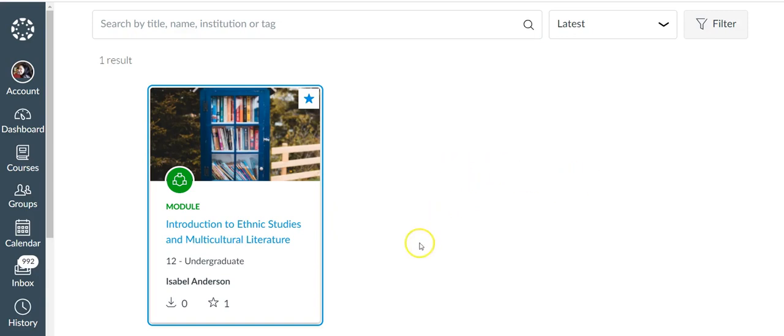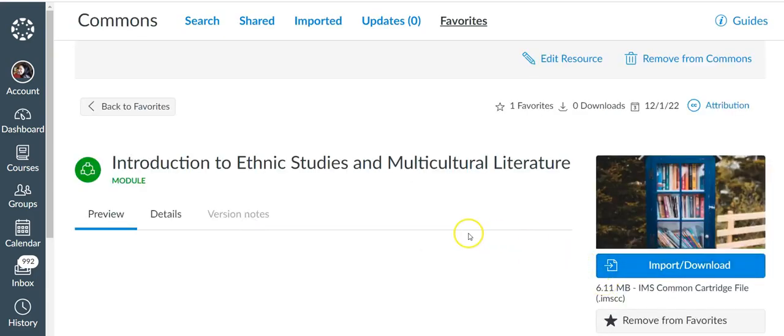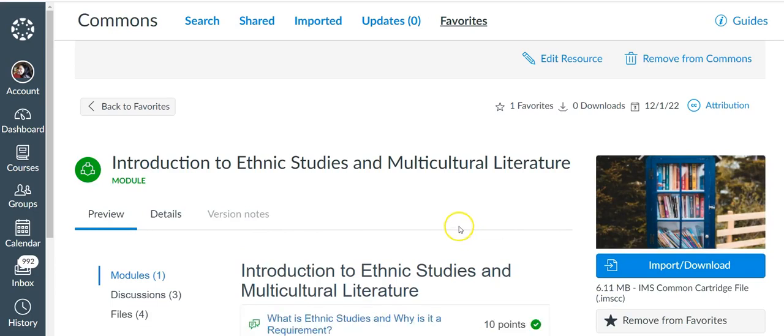I've put it in the Canvas Commons also, so that my colleagues could make use of it as they choose to teach that when they teach this class in the future.